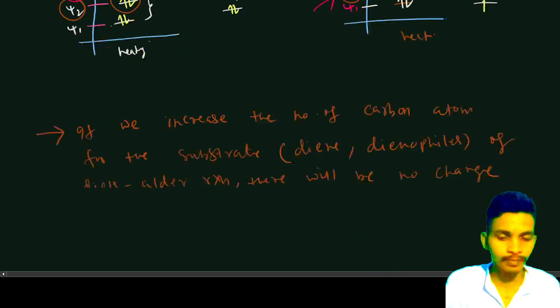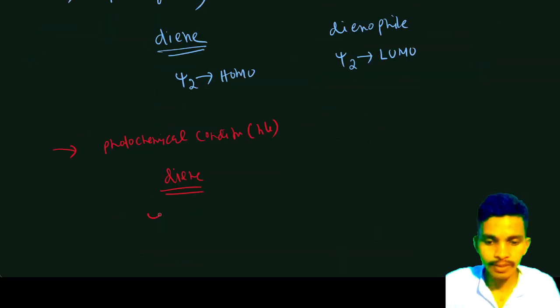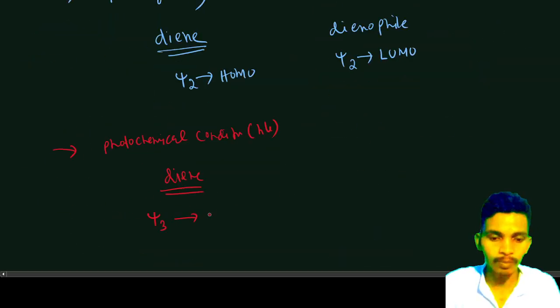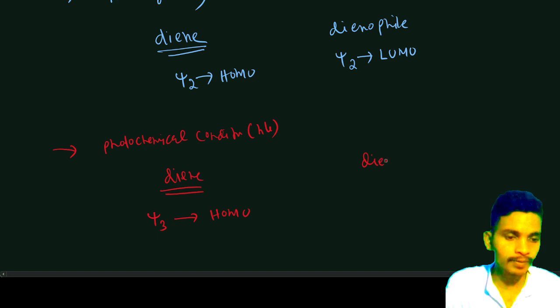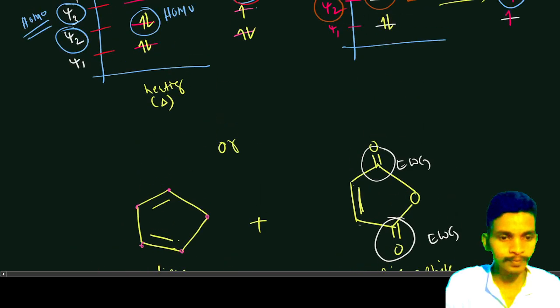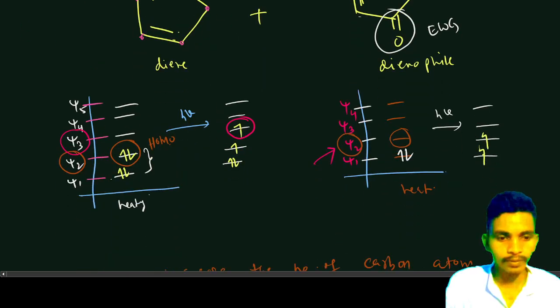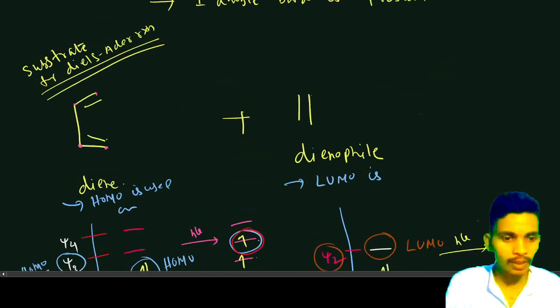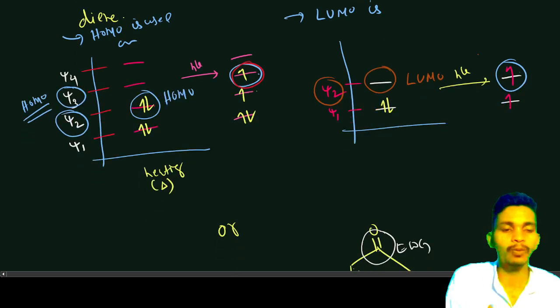So under photochemical conditions psi 3 becomes the HOMO. And for the dienophiles, psi 2 remains the LUMO here as well as here, meaning that increasing the number of carbon atoms does not affect the frontier orbitals.